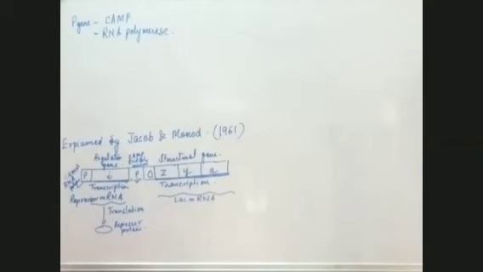Three enzymes which are proteinaceous in nature. Z will form one enzyme, Y another, and A another by the process of translation. As a result, three protein enzymes are formed. The first one is beta-galactosidase.